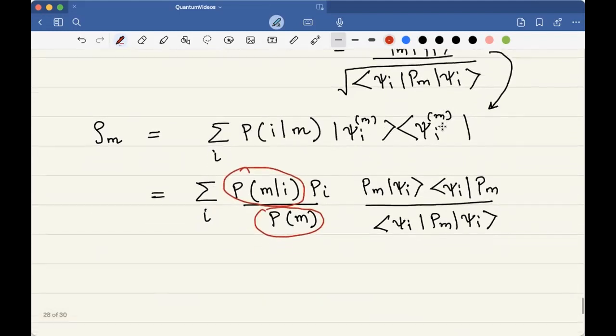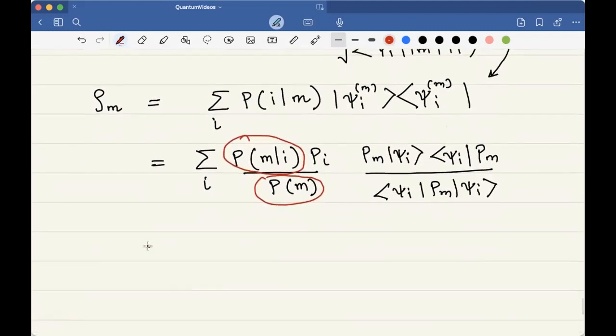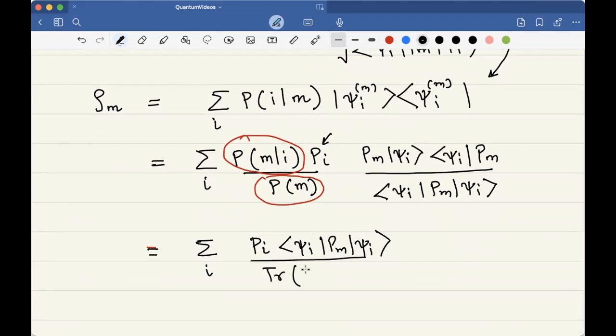So this is going to be equal to the summation over I, Pi, which is this, then psi I, PM psi I. This is going to be trace rho PM.